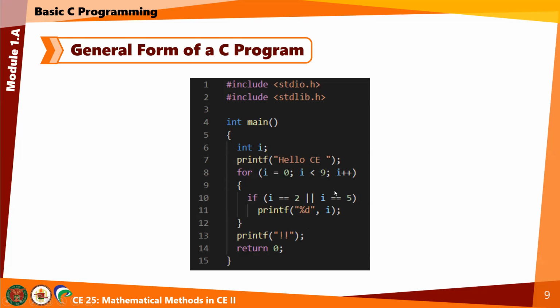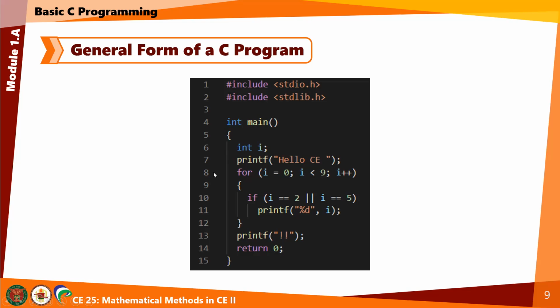And after this for loop ends, then it will print the double exclamation mark. Okay? 2 exclamation marks. Ayan. So balik tayo. So na-print na yung hello, pupunta siya dito, magsisimula siya sa 0. Is i equal to 2 or i equal to 5? No, so hindi niya ipiprint yun. Nababalik siya, 1. Is i equal to 2 or 5?